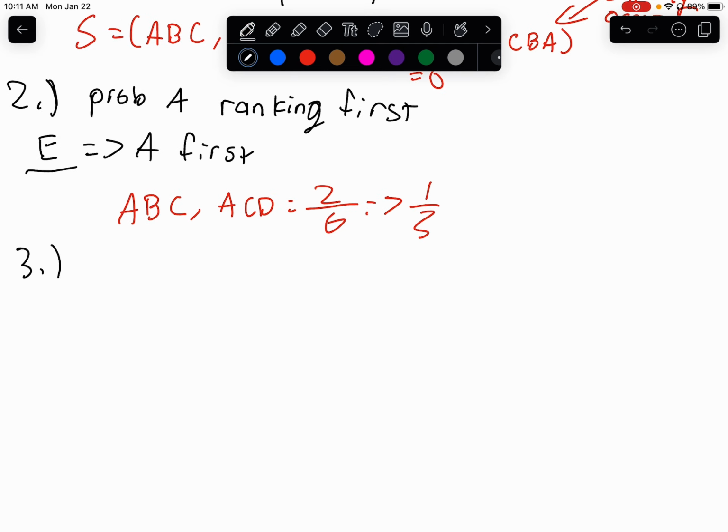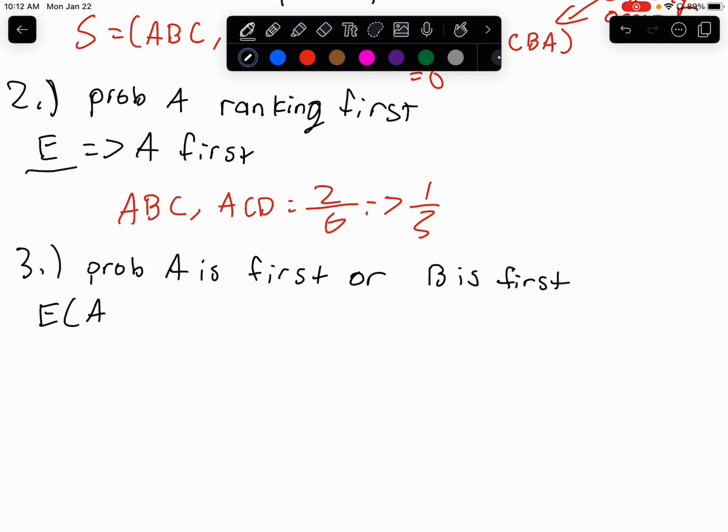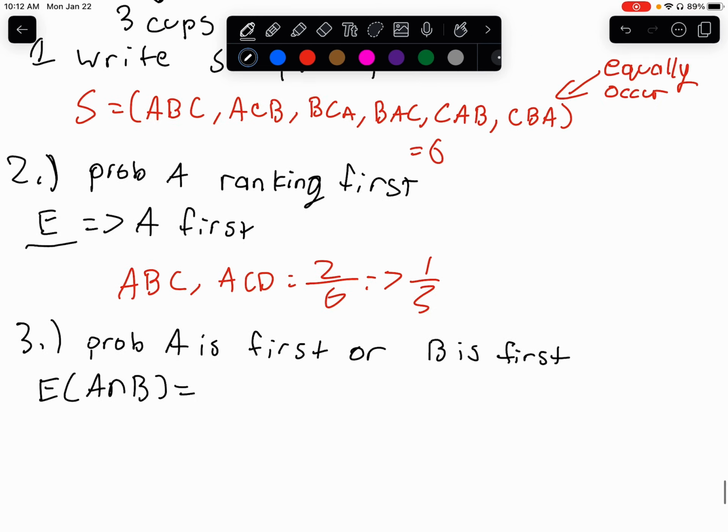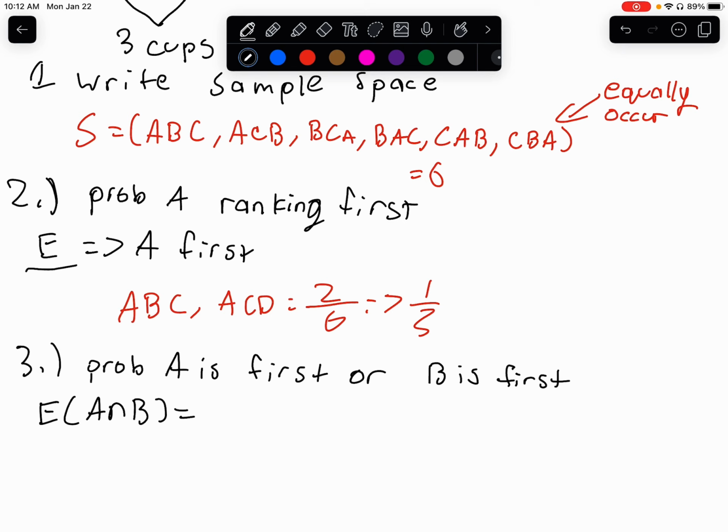Third one, we can say, what is the probability that A is first or B is first? So this is event A union B. So A or B is first.